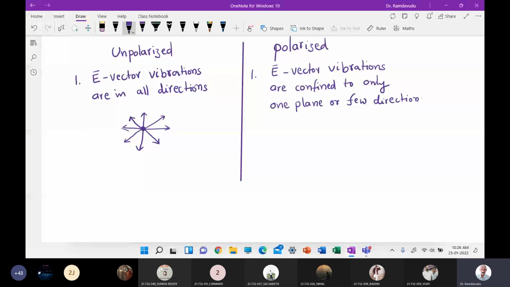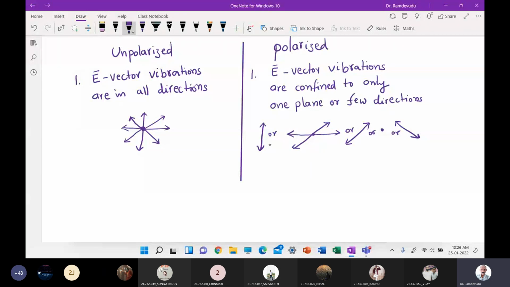If this is the point where you're taking, the vibrations may be parallel to this, or somewhere like this, and you don't have others. Or you can have vibrations only in this direction, or only in the perpendicular direction. I can have a vertically polarized light like this only, or a few like this also.